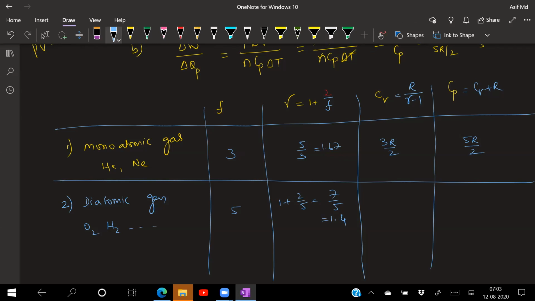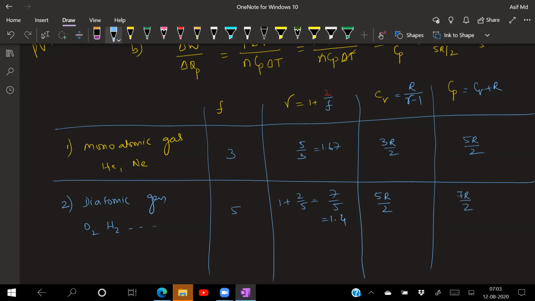So our gamma value is 7 by 5. 7 by 5 minus 1 is 2 by 5. That means Cv will become 5R by 2. Cp value will be 5R by 2 plus R, that is 5R plus 2R by 2, so it is 7R by 2.